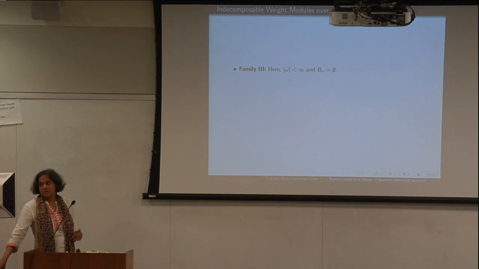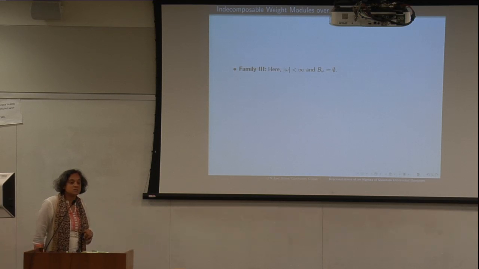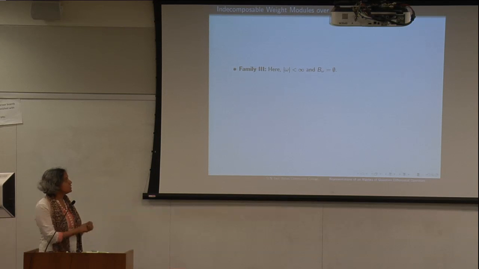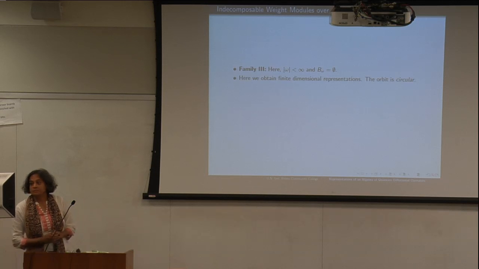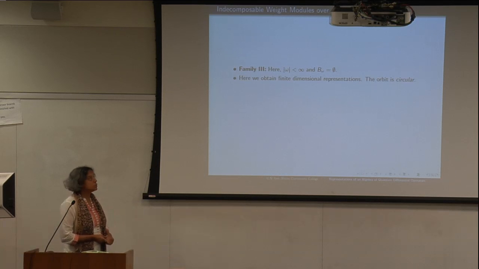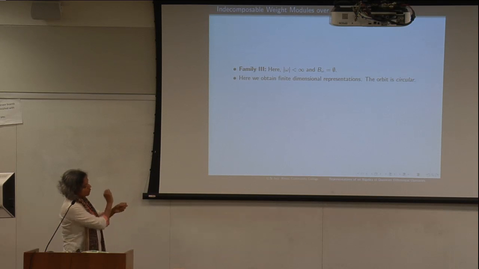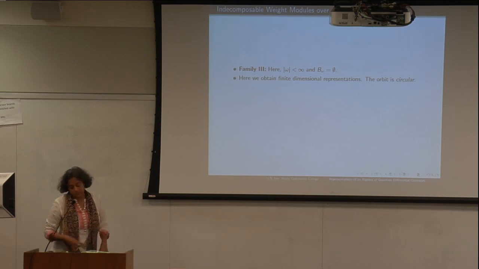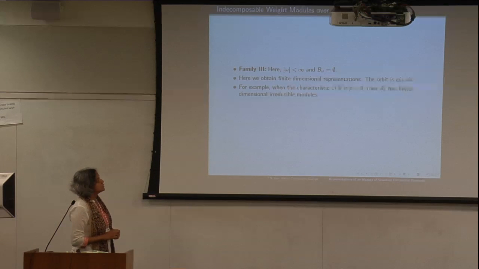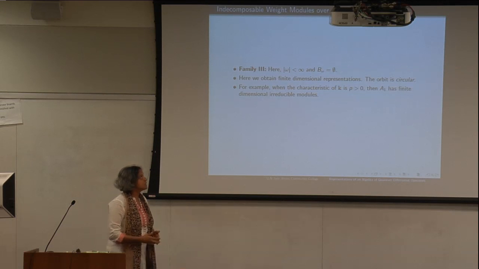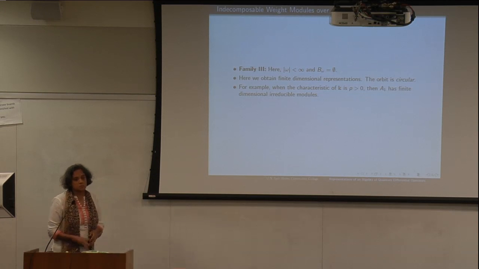The next three families, families 3, 4, 5, have finite orbits. They are actually more difficult to draw. If you have a finite orbit and no breaks, this orbit is called circular. It's a finite orbit. For example, when the characteristic is non-zero, the first Weyl algebra has finite dimensional irreducible modules.